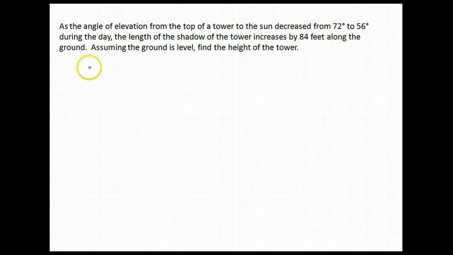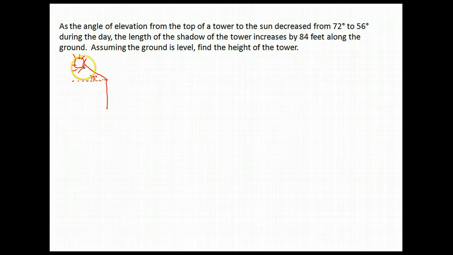Okay, so originally we had our sun and we had a tower here. This is my tower. The sun's angle of elevation, what that means is looking from the top of the tower across the horizontal line, the angle opening up there was 72 degrees originally.